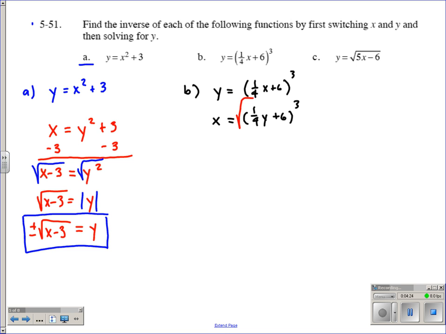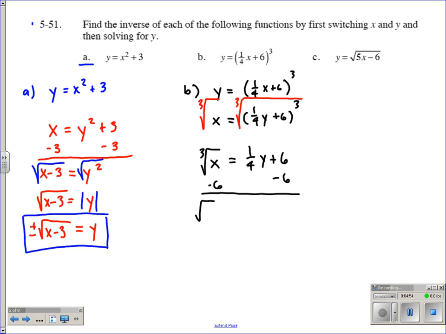So we're going to need to do the cube root of each side. So we're looking at the cube root of x equals 1/4 y plus 6. And as we try to solve this for y, remember we have 1/4 of a y and we're adding 6 to it. So we're going to have to get rid of that 6 first.